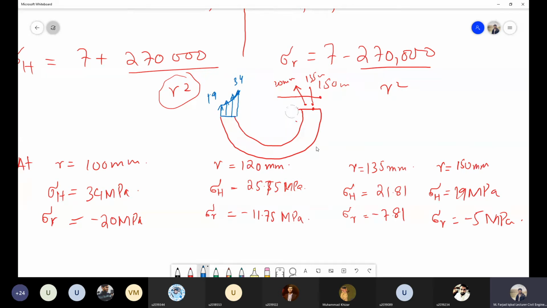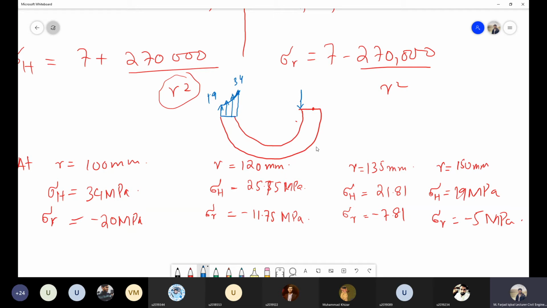And in the same way, if I plot the variation of radial stresses, I know that at internal diameter, the stress is minus 20. So this will be minus 20, and then it continues to decrease.